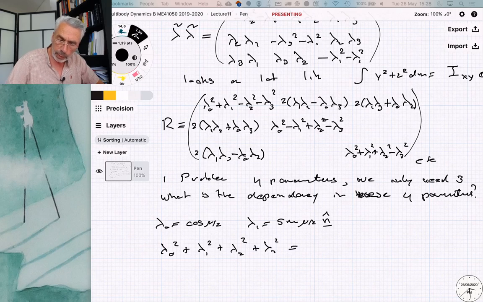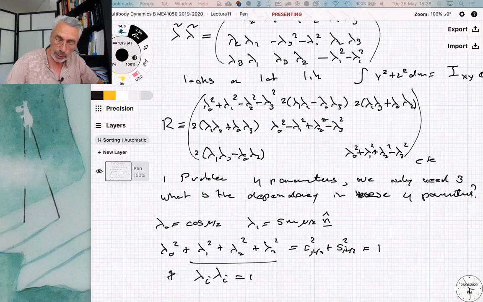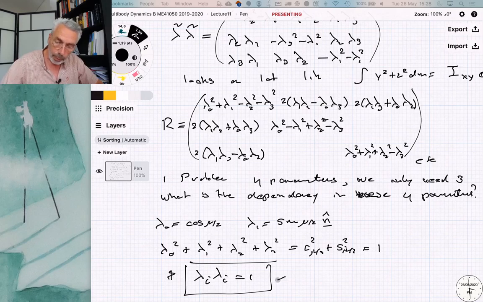I get cosine squared mu over 2 plus sine squared mu over 2, or in other words, 1. So the sum of the squares of the lambda i is 1. That is the constraint on the Euler parameters.